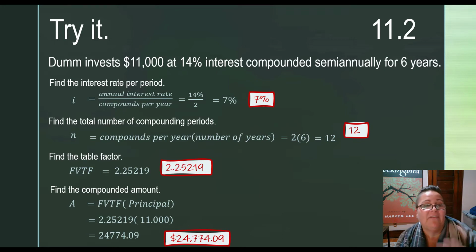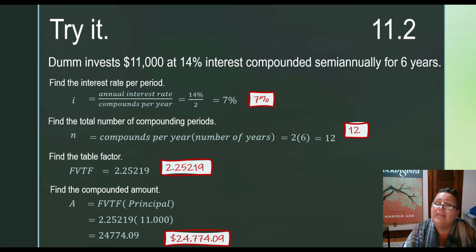That means that if he put in $11,000 at 14% interest and let it compound semi-annually for 6 years, there would be 12 times that interest is put into the account. And each of those 12 times, the interest he gains would be a little bit higher than the last, until at the end of those 12 compounding periods, there would be $24,774.09.